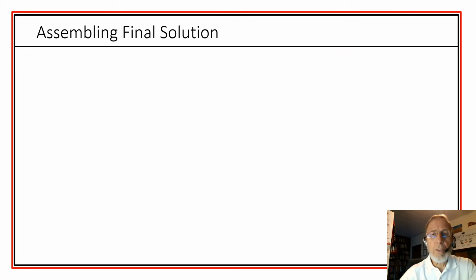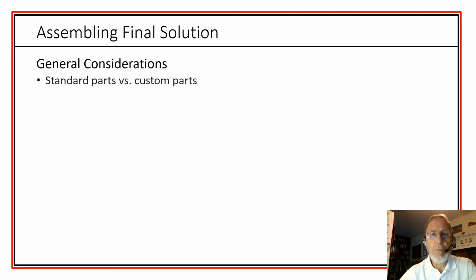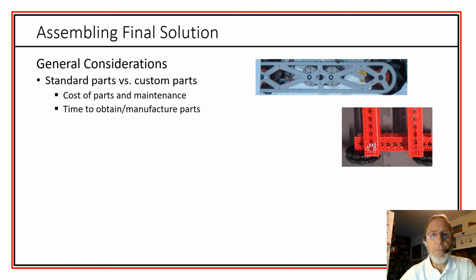So let's first take a quick look at some of the things we should consider when we're assembling this final solution. General considerations might fall into a number of categories. First of all, considering whether we're putting standard parts into the solution or whether these are custom parts.